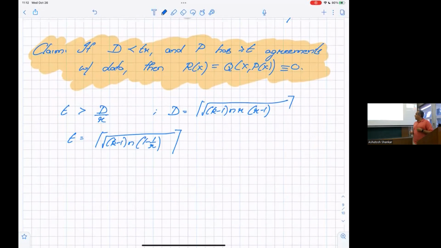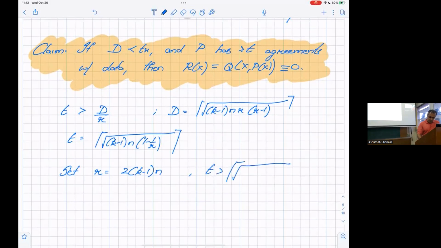I haven't yet said what r I'm going to choose. So I will set r to be equal to 2k minus 1 n. Then that will imply T is greater than square root of (k minus 1) n minus a half.